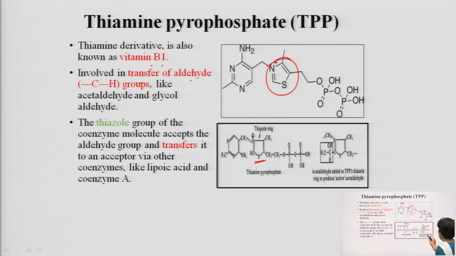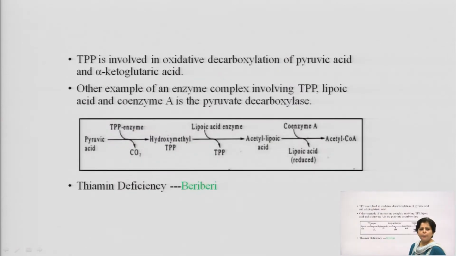Here the acetaldehyde is added to the TPP thiazole ring to produce the active aldehyde. TPP is involved in the oxidative decarboxylation of pyruvic acid and alpha keto acids. Another example of an enzyme complex involving TPP is with lipoic acid and coenzyme A in pyruvate decarboxylase.